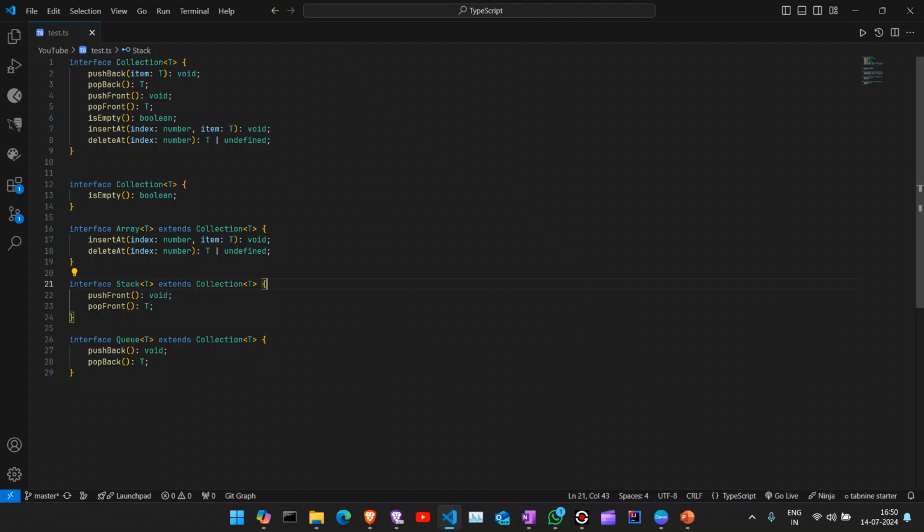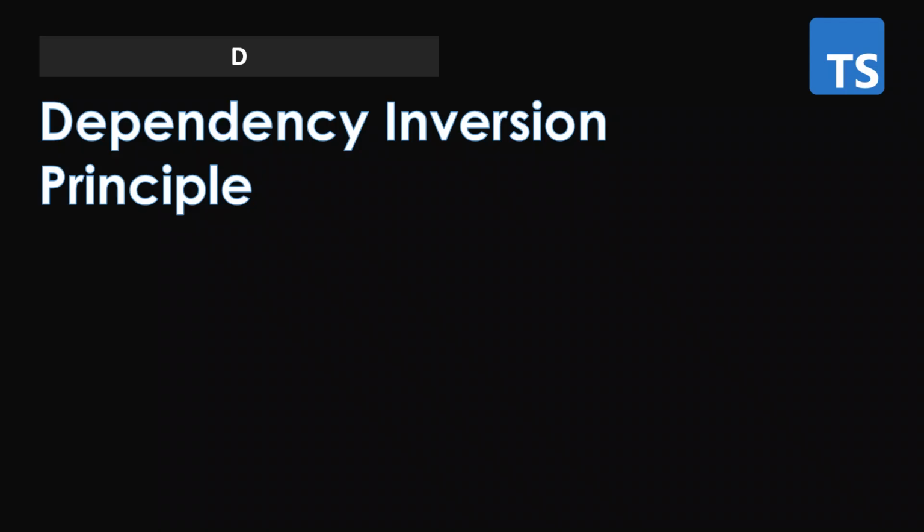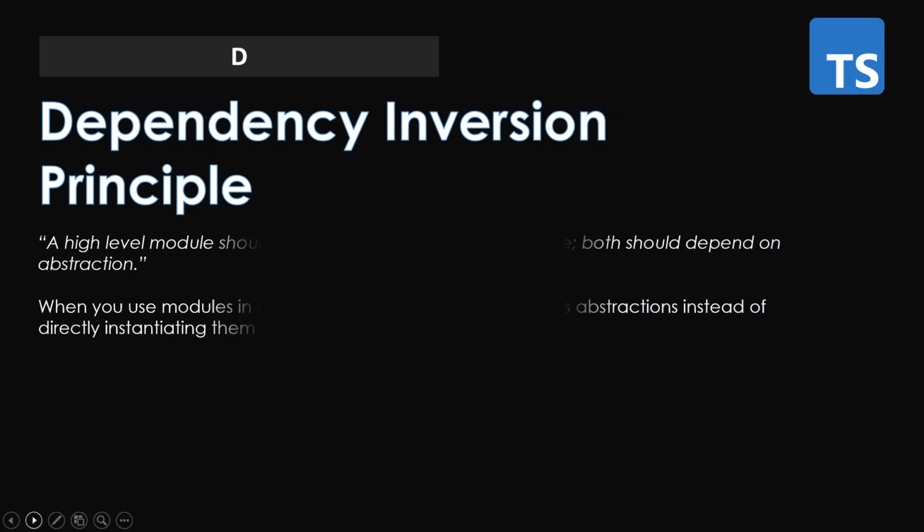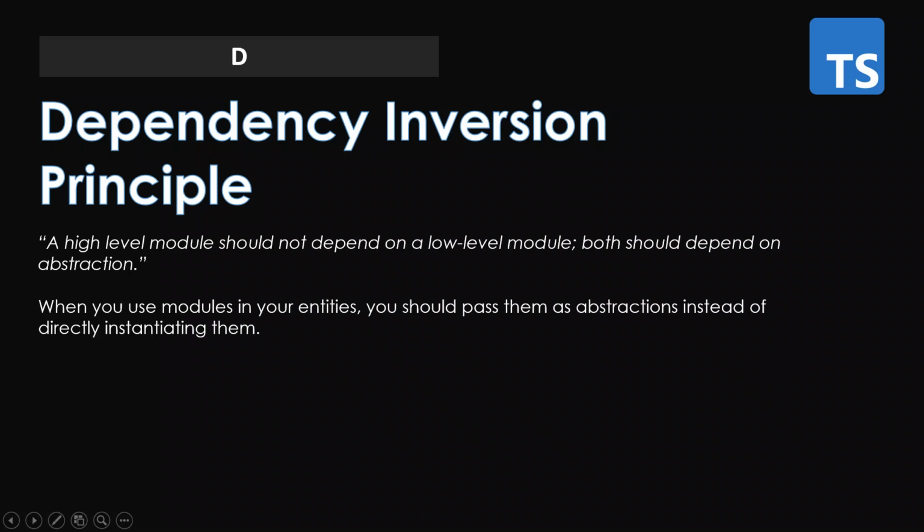Now we will be moving on to the last principle, which is the dependency inversion principle. What does it say? A high level module should not depend on a low level module, both should depend on abstraction. It means that, let's think of it in a component hierarchy kind of way.